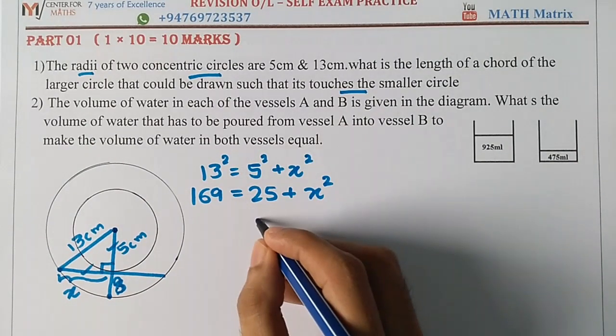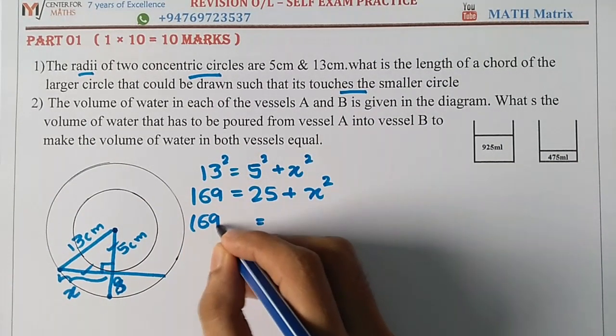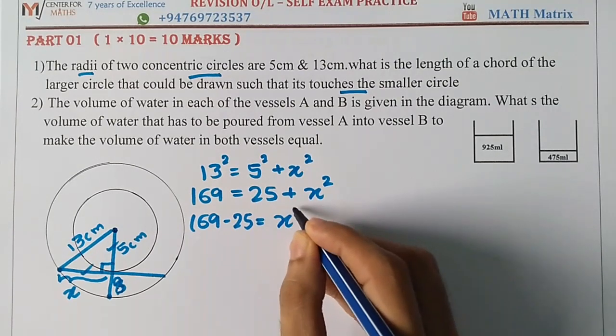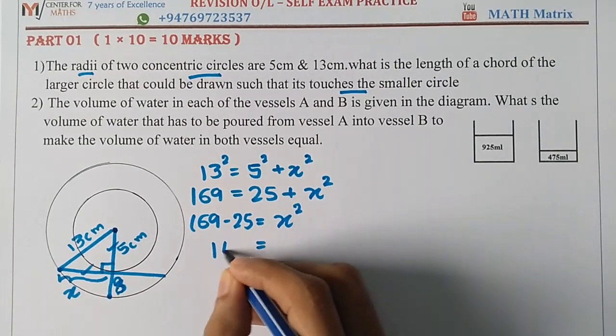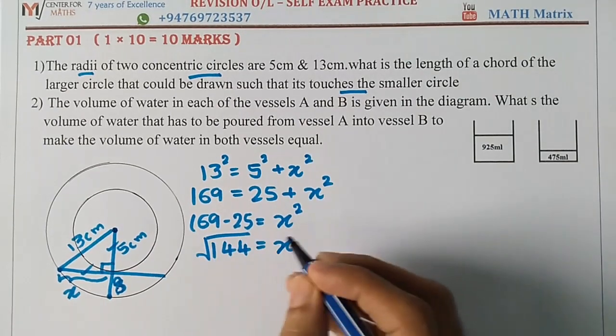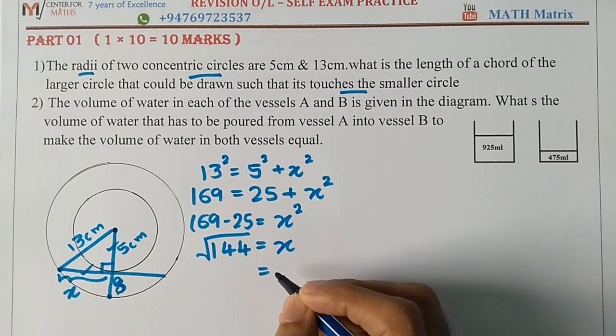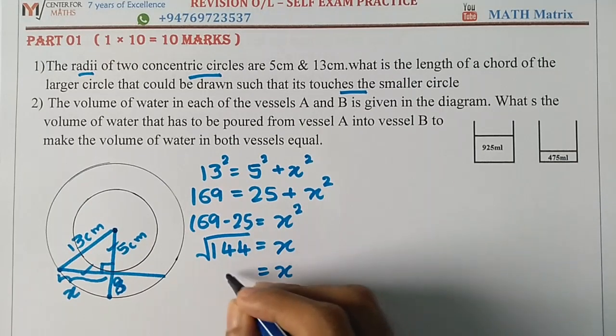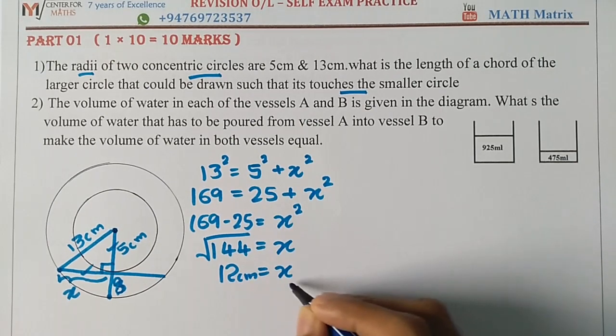If we take 25 to the left side, there will be 169 minus 25 equals x squared. And the difference is 144. To cancel the square, we have to take root on both sides. So x equals root 144, it's 12 centimeter.